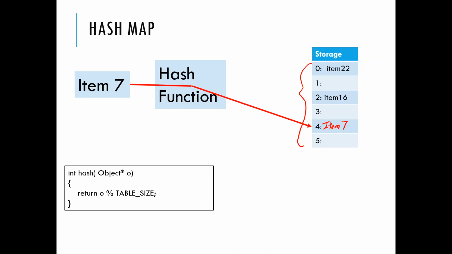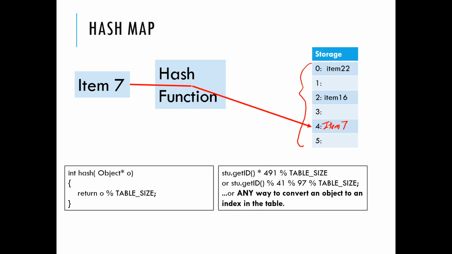If I passed in a student ID, maybe I mod the table size, boom, it goes right back to a particular place in the table, right? Here's a couple other ones. So if I get the student ID and then I multiply by 491 and then mod table size, or maybe I get the student ID mod 41, mod 97, mod table size, right? It could be anything. Notice mod is really useful in this case because it gives me this sort of weird, unexpected set of results.